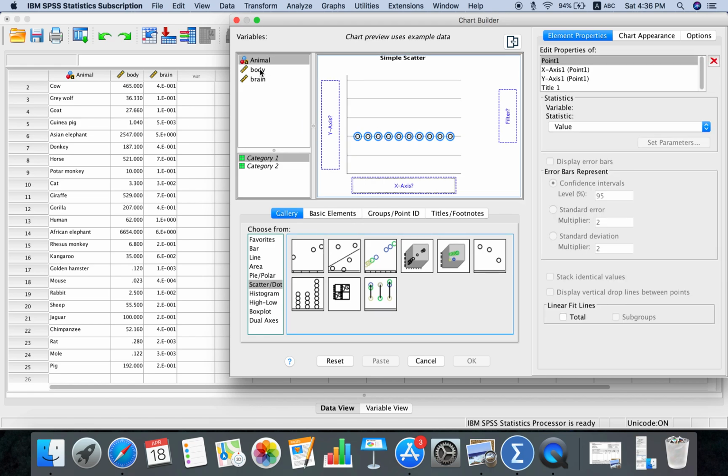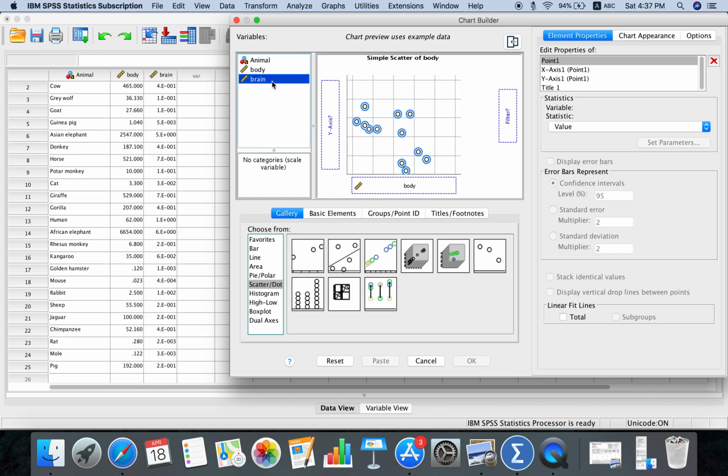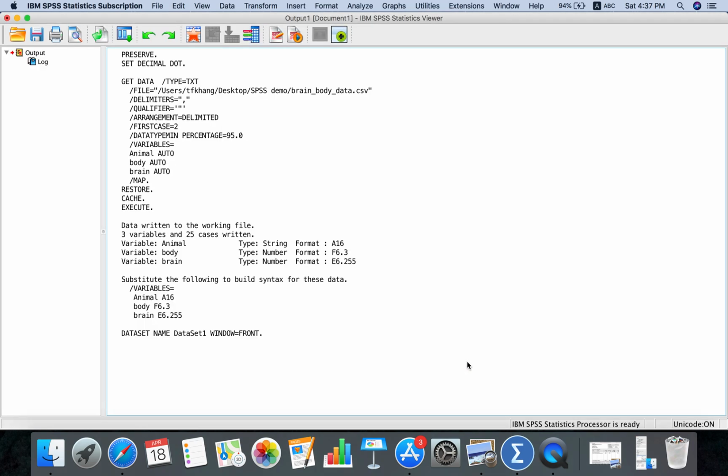In this problem, our x-axis should be the body mass because it's something that we can measure easily, and from the body mass we want to predict the brain mass. If there's some kind of linear relationship, that will be very useful because we could predict the brain mass by just measuring the body mass. Let's click OK.